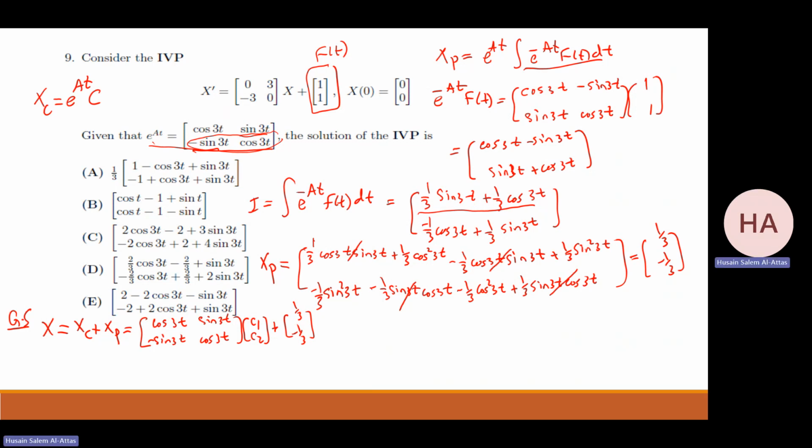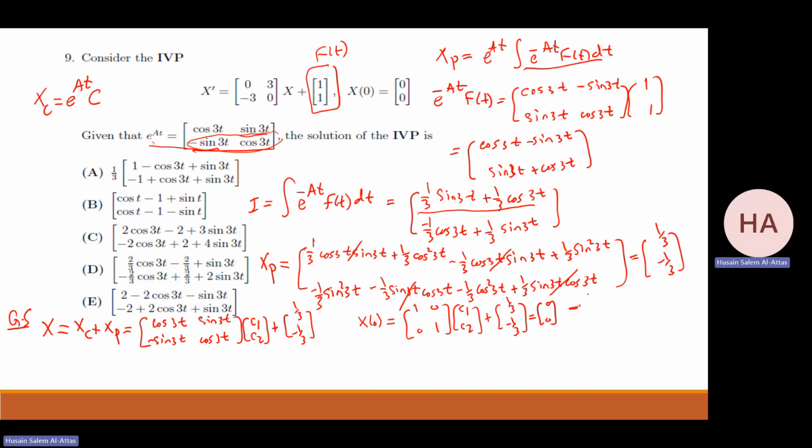I need to find C1 and C2. Using this, x at 0 will be what? Will be 1, 0, 0, 1 times C1, C2 plus 1 over 3, minus 1 over 3. That should equal 0, 0.